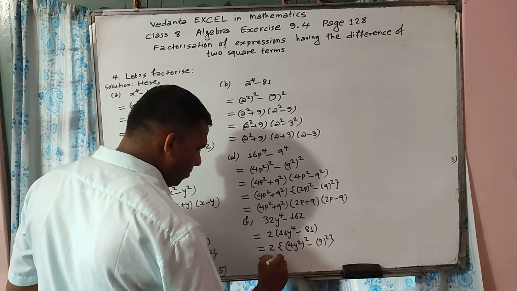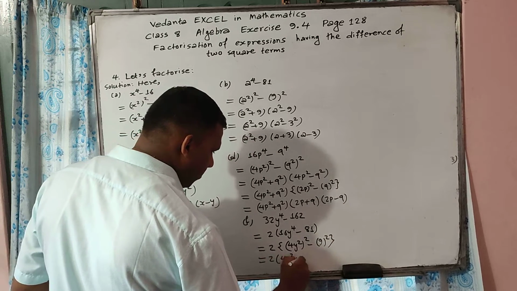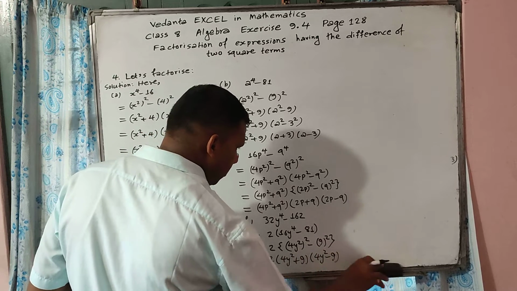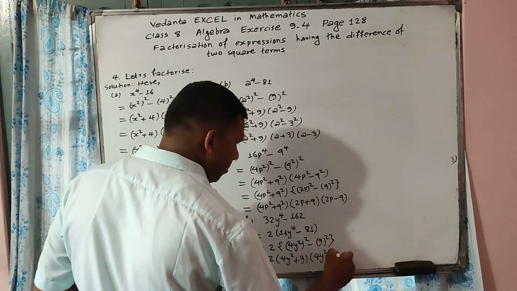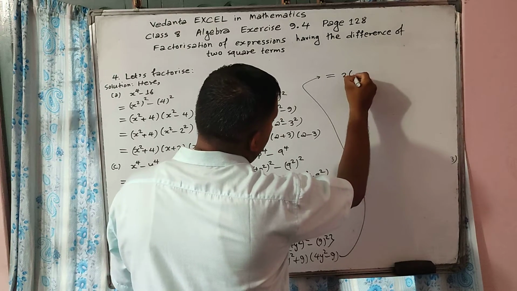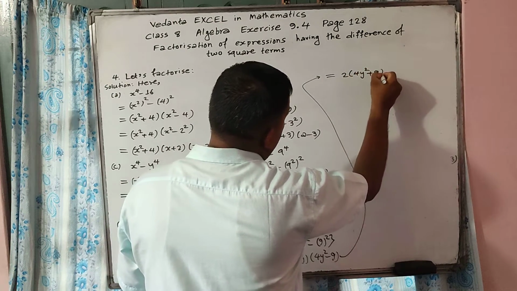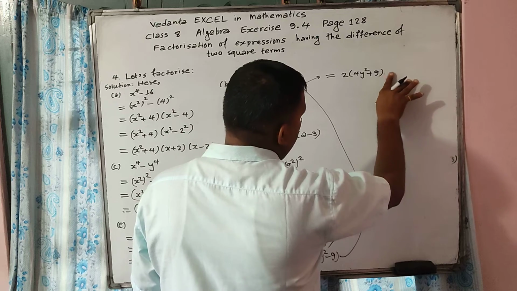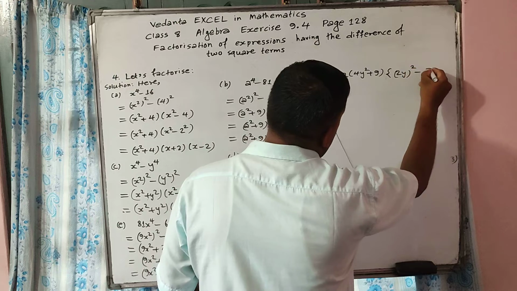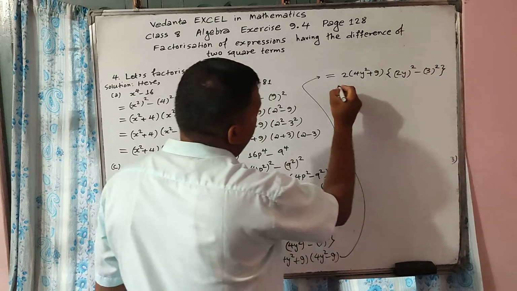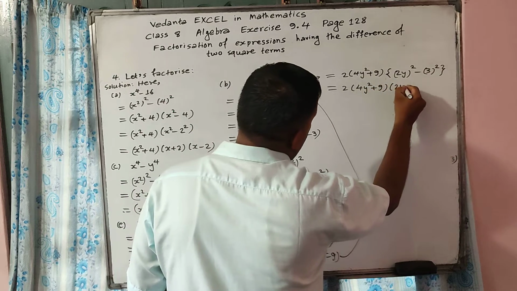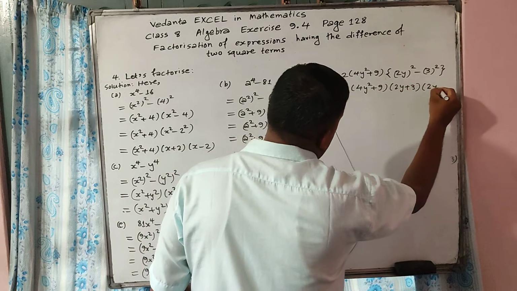Now this is equal to 2 times (4y square plus 9)(4y square minus 9). Now this is equal to 2 times (4y square plus 9) into (2y) whole square minus (3) whole square. Now this is equal to 2 times (4y square plus 9)(2y plus 3)(2y minus 3).